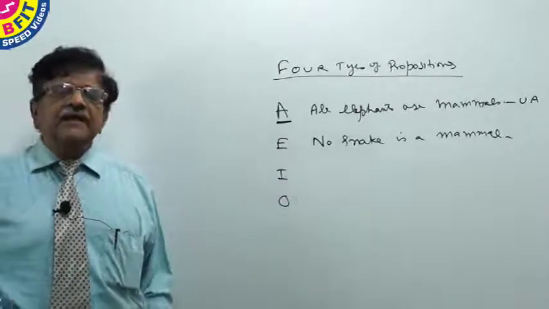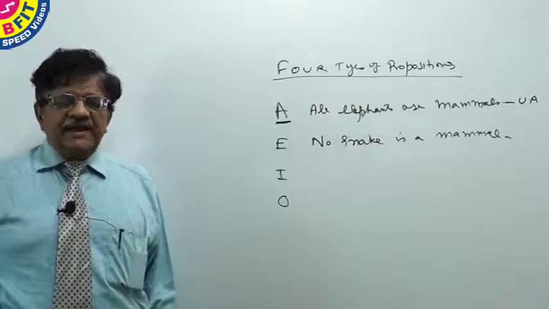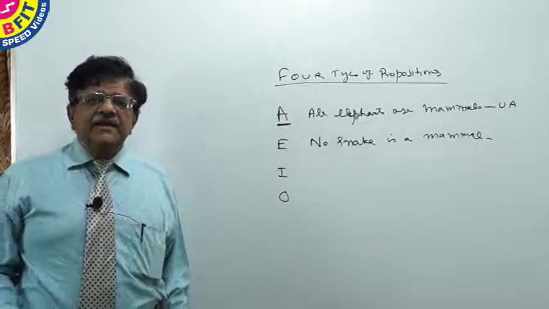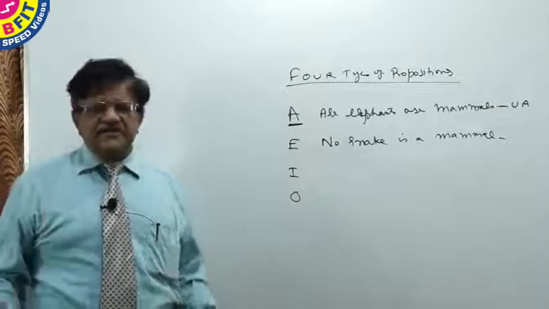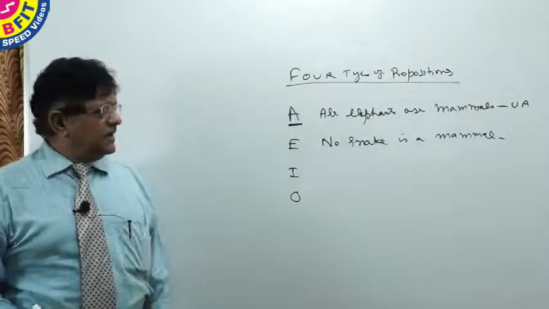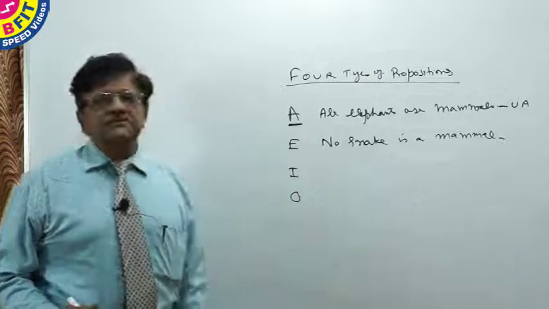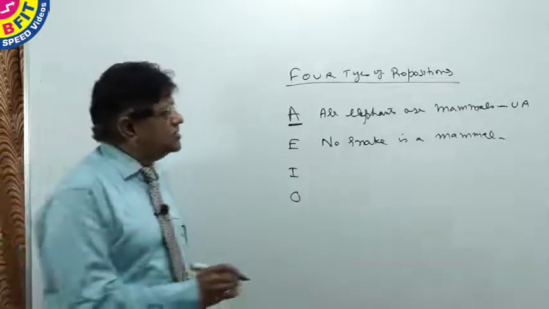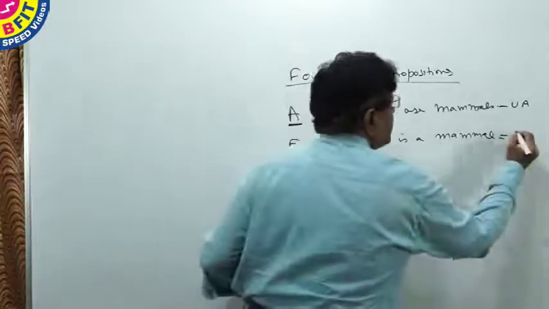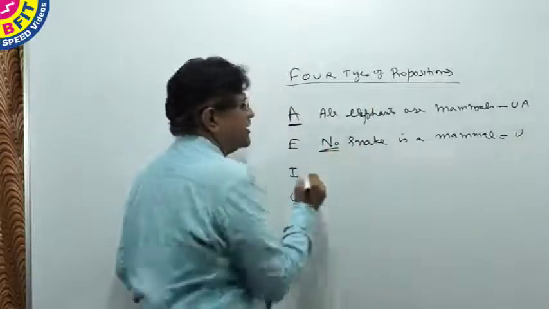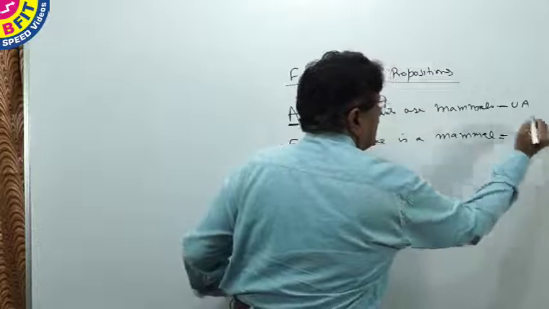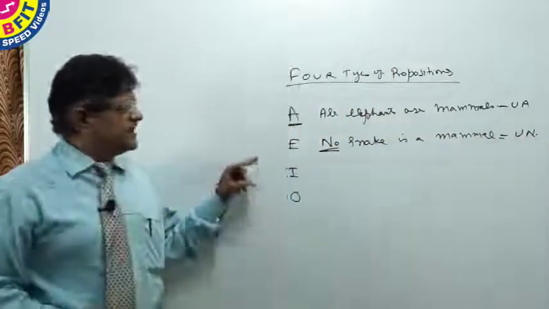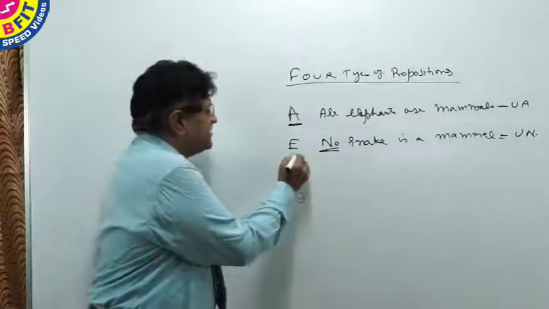I am not making any exception. When I say no snake, I mean the entire class called snakes, the entire universe of snakes. They are not mammals. Therefore, this is also universal, but it starts with a negative connotation, and therefore it is universal negative, and therefore this type of statement is called E-type of statement.